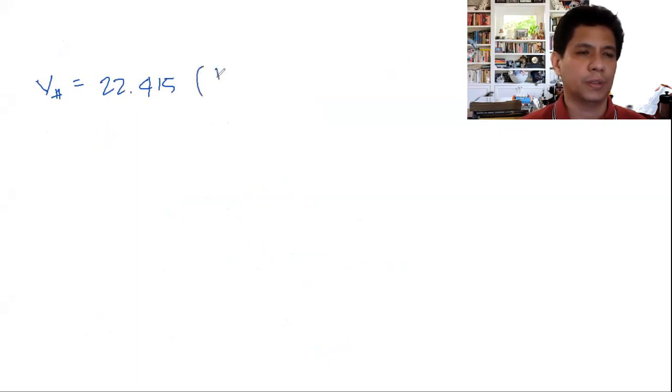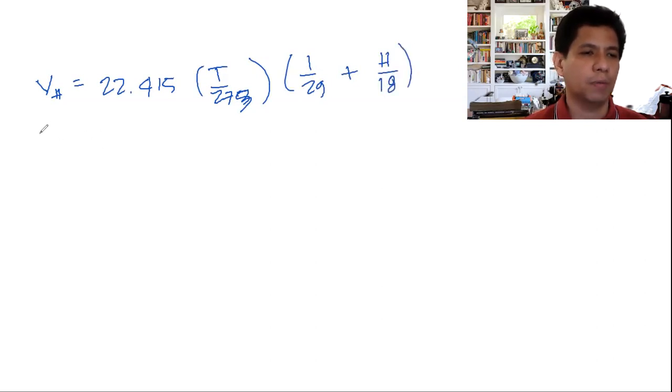So, temperature divided by 273. Kasi di ba 20 degrees Celsius tayo, no? So, 273. Tapos 1 divided by 29 plus humidity divided by 18. Okay, you still remember the variables? Value 20.